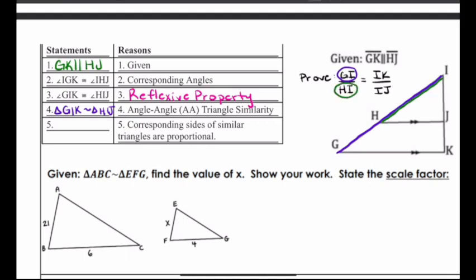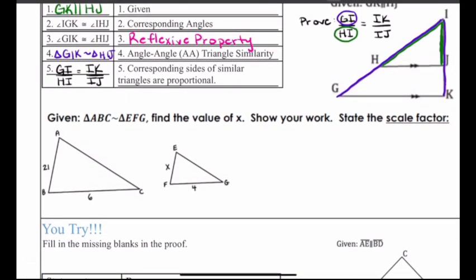So remember, since we already said that the big triangle, GIK, and the little one were similar, then if I divide these two sides, which are the matching sides or the corresponding sides, I should get the same exact proportion as me dividing this long side IK by the short side IJ, which is true because we can say that corresponding sides of similar triangles are proportional. So then GI over HI is definitely going to equal IK over IJ.